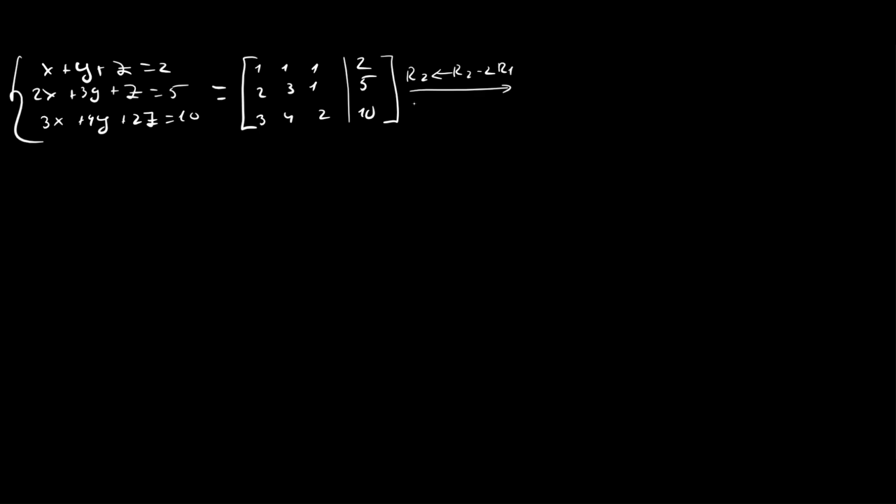And we're gonna do the same with row 3. And then let's get a 0 below this pivot number.